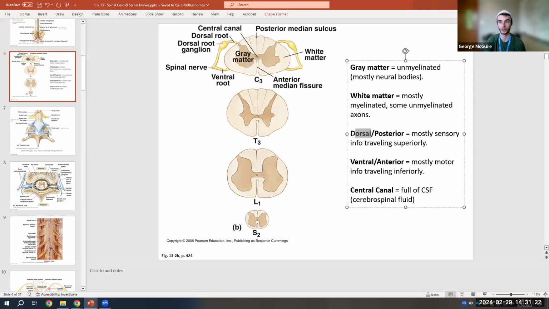Dorsal means towards the vertebral column, whereas posterior means backwards, away from where the head would be facing. So in a human, dorsal and posterior are the same thing. Our head faces this way, our vertebral column is behind that, and so dorsal and posterior are in the same direction. But if you imagine something on all fours, like a dog or a dolphin, their vertebral column is pointing towards the sky, so that would be superior.